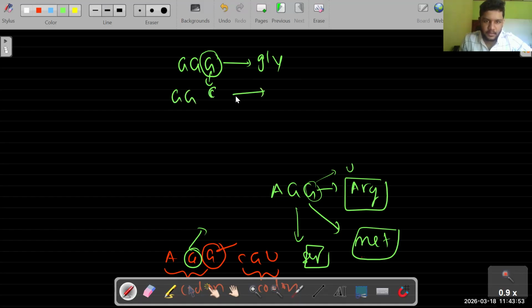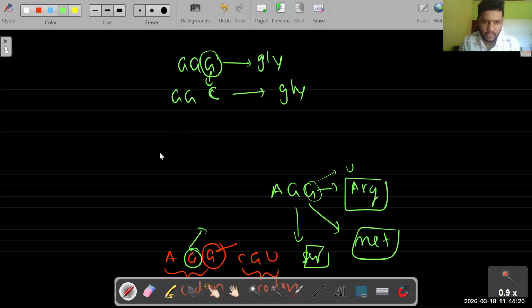What is the amino acid I get? Same, right? See, changing the third letter gets the same, which means it is a wobble. Changing the third letter, you will get the same amino acid most of the time, right? So there are chances where it can be not the same. See, here is one chance where AGG, I changed this G with U. I got SER. Can you agree with that?